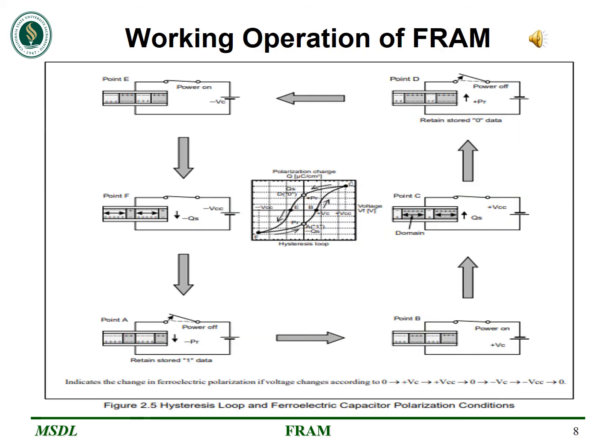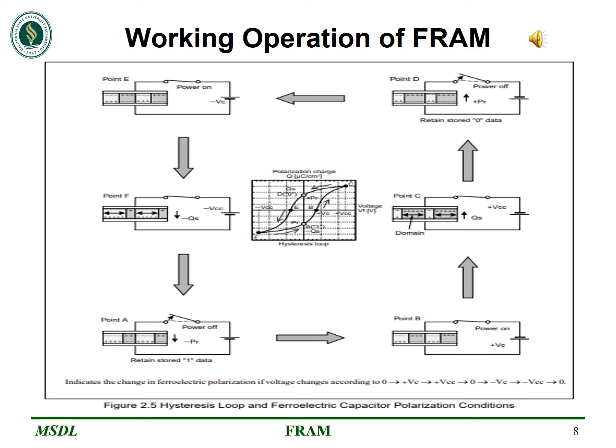This diagram illustrates the relationship between the hysteresis loop and the charges that accumulate in the ferroelectric capacitor. To understand the principle of FRAM cell operation, we must first understand the transition of the states in the hysteresis loop. Here, 6 points are indicated on the hysteresis loop, which show the condition of the ferroelectric capacitor.